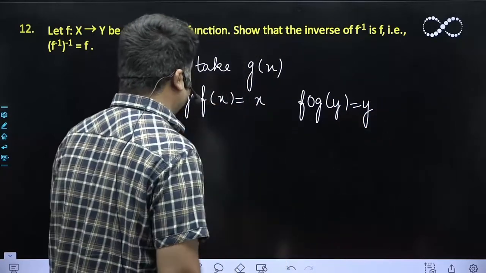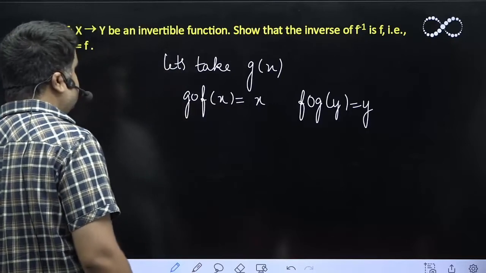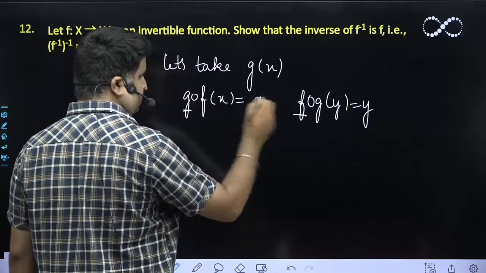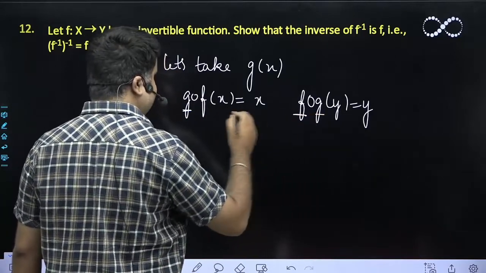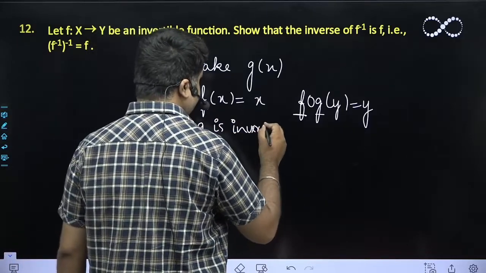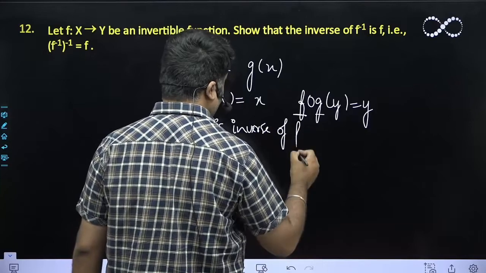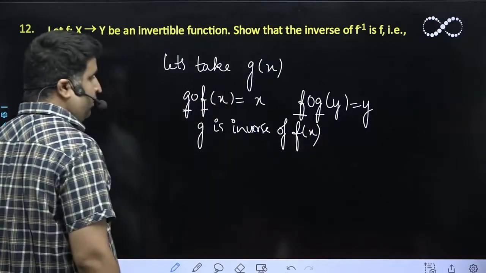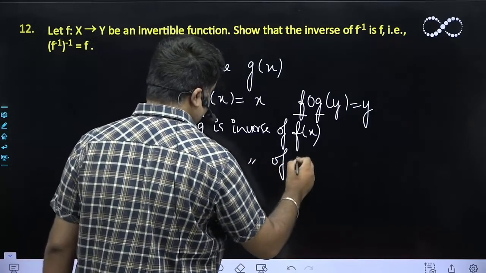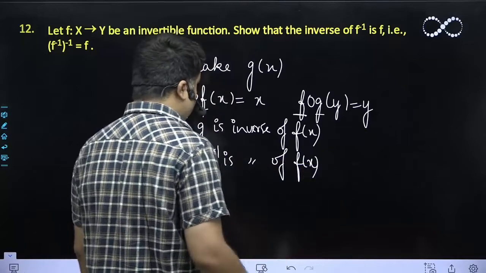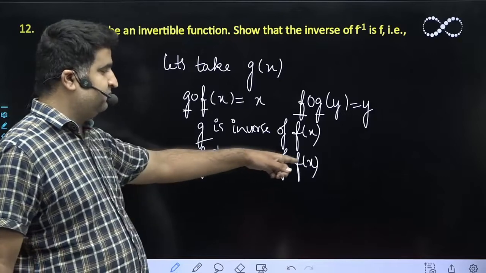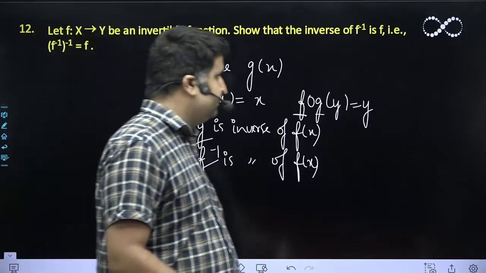So we'll take such a function. So in this case, let's see if this is the condition which we are getting. In this case, g will be inverse of f, right? But f inverse is actually the inverse of f(x). Therefore, f inverse is equal to g(x). So therefore, f inverse will become the inverse of f(x).